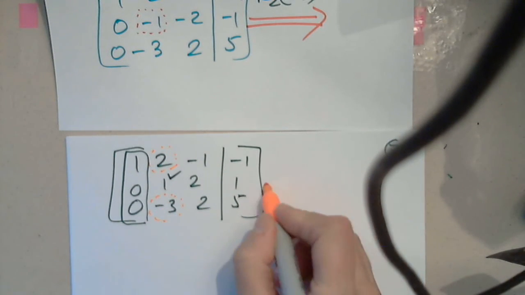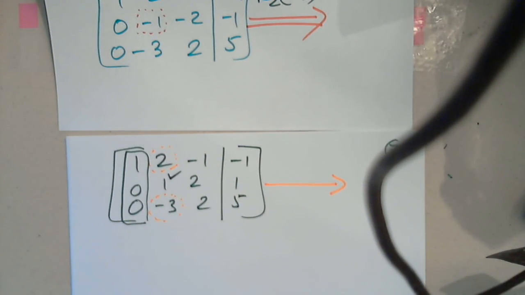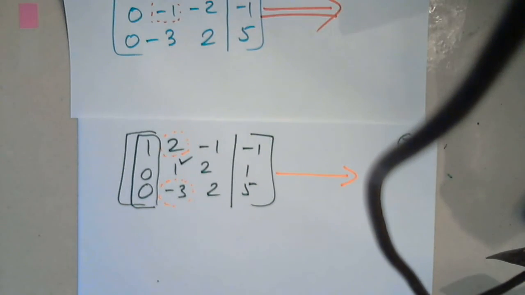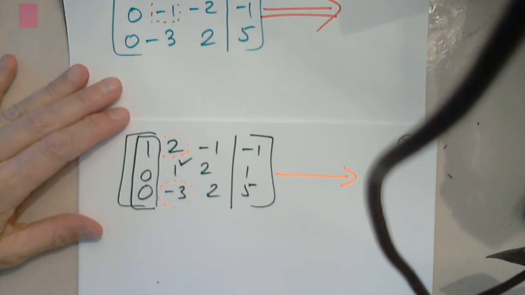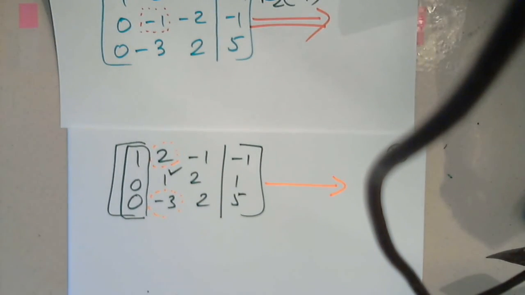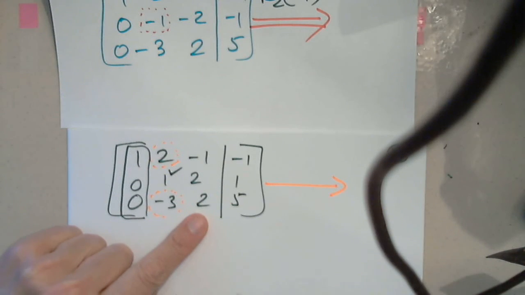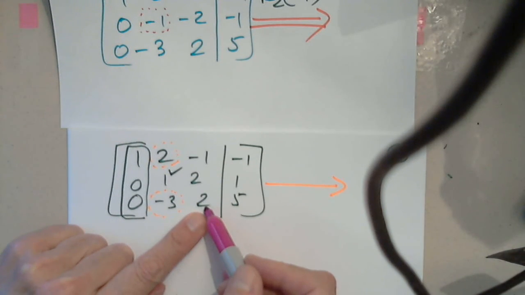My next step is here. These have to go away. Which row do I use now to make the 2 and the -3 go away? Let it be row 3. I'm not with row 3. I have to get a 1 here, but I'm not there yet.